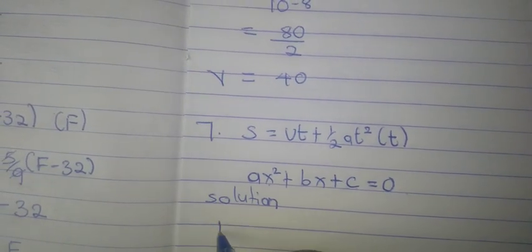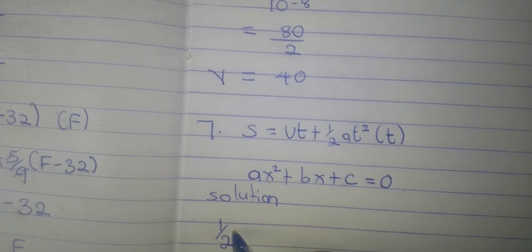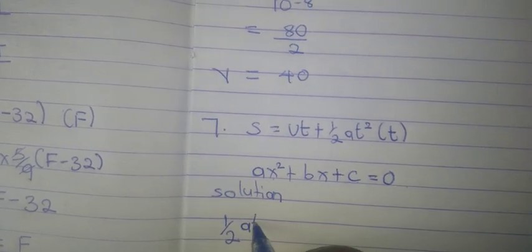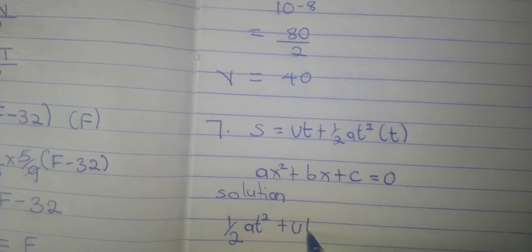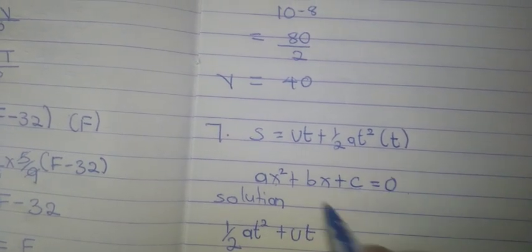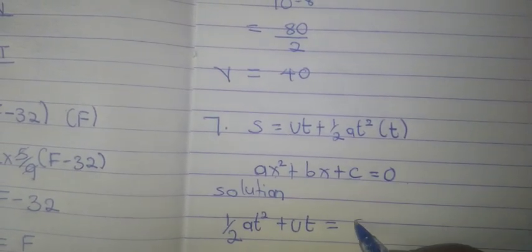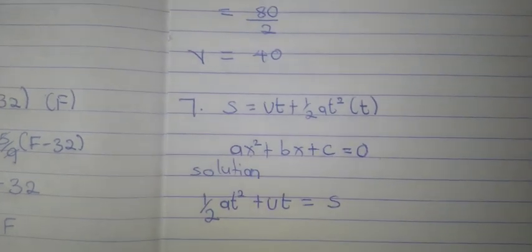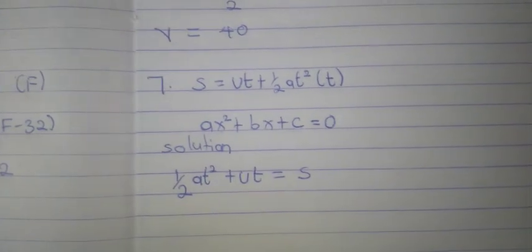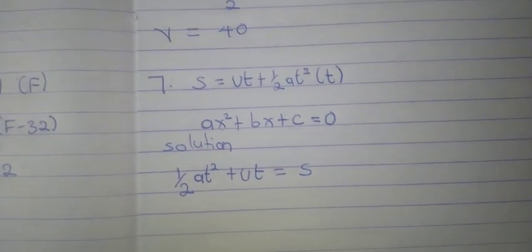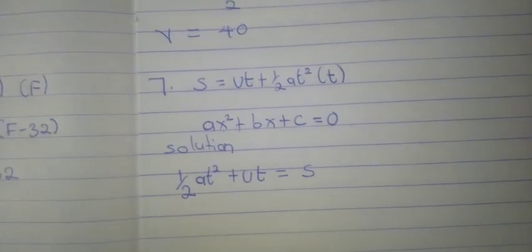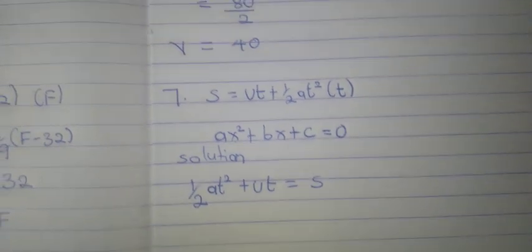So I arrange it as a t squared plus ut equals s. Now I want to remove the denominator, which is a 2. How shall I remove it? I'll multiply throughout by 2.